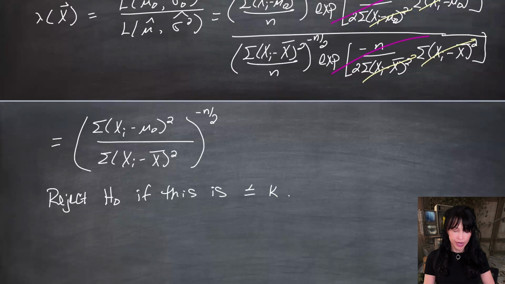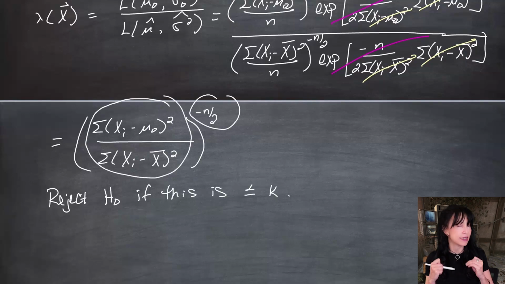Maybe we can set this less than or equal to k and then move it around to the other side and find the distribution of this, but that will be difficult because the x's in the numerator are dependent on the x's in the denominator.